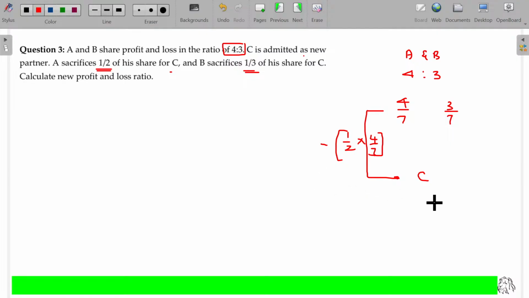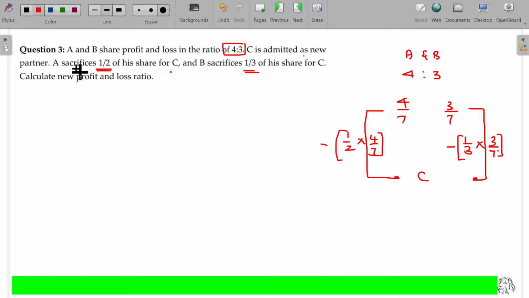The balance will be for C. Similarly, B says, I will pay 1/3 of my share, his share being 3/7. So B's share in that 1/3 is calculated. That is going to be given to C. From 3/7, you have to offer this, so you subtract this value to get the balancing value.